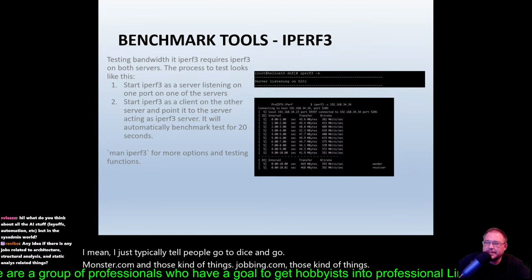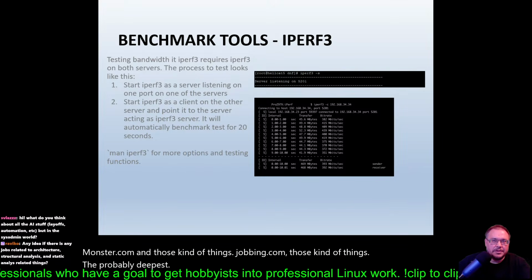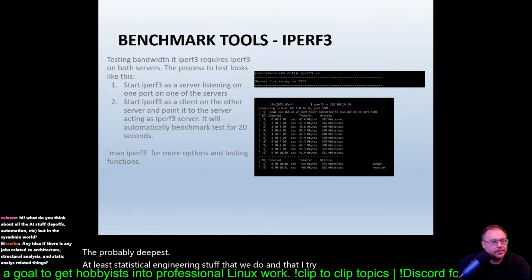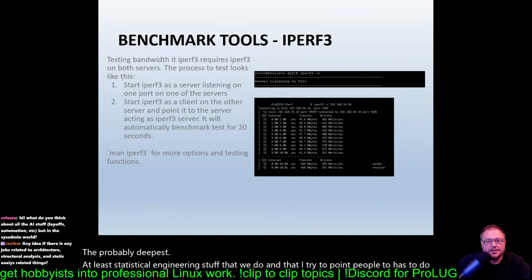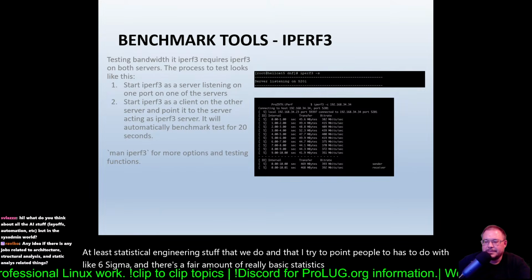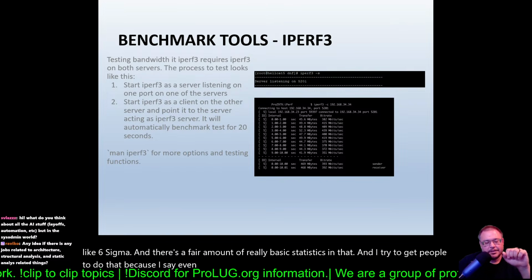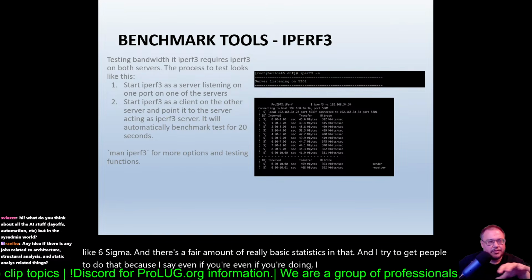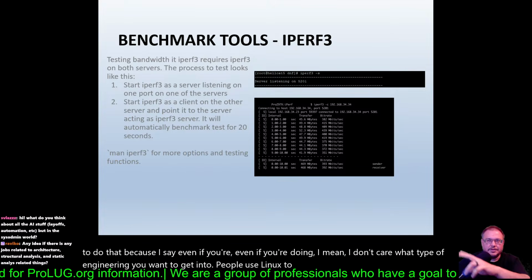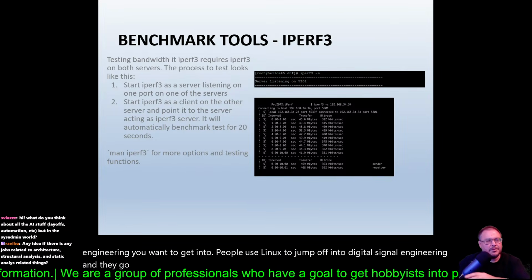The probably deepest statistical engineering stuff that we do and that I try to point people to has to do with Six Sigma. And there's a fair amount of really basic statistics in that. And I try to get people to do that because I don't care what type of engineering you want to get into. People use Linux to jump off into digital signal engineering, and they go into storage engineering, and into compute and programming.